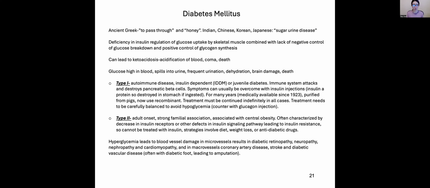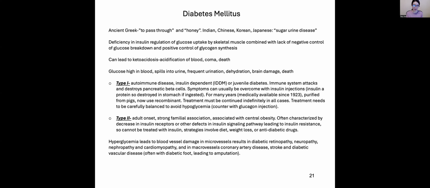And we already know the cause of diabetes mellitus is the deficiency in insulin regulation of glucose uptake by skeletal muscle and adipose tissue, in combination with lack of negative control of glucose breakdown and of hepatic gluconeogenesis.